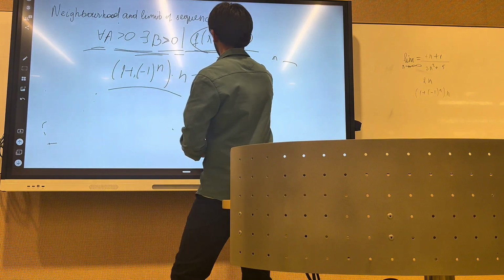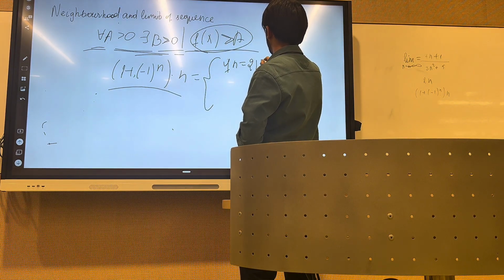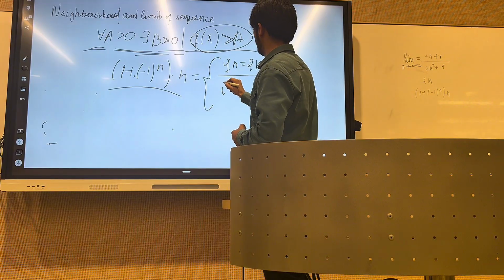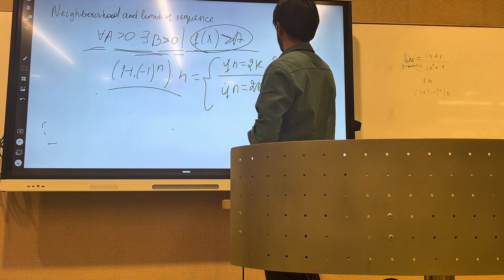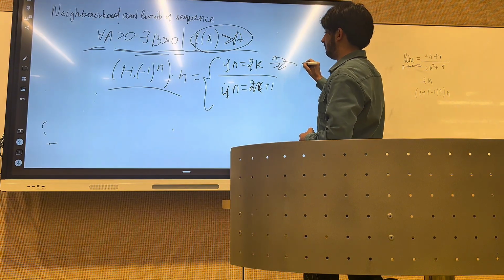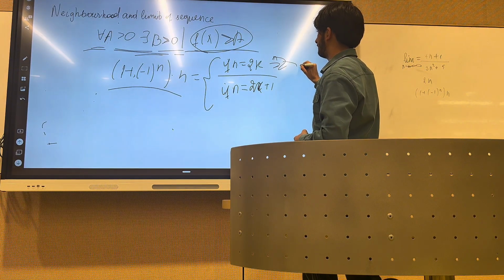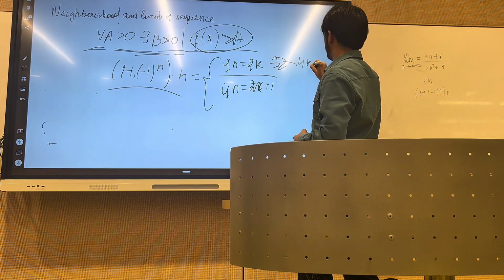If n is an even number or if n is an odd number, which implies that our fraction is 4k.